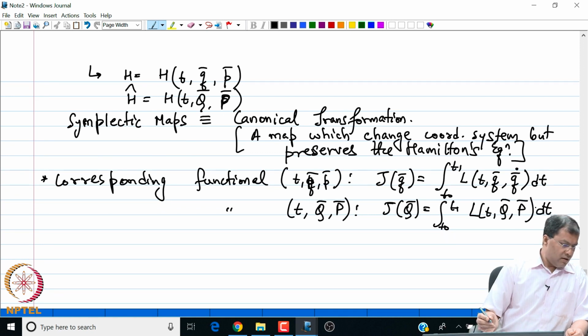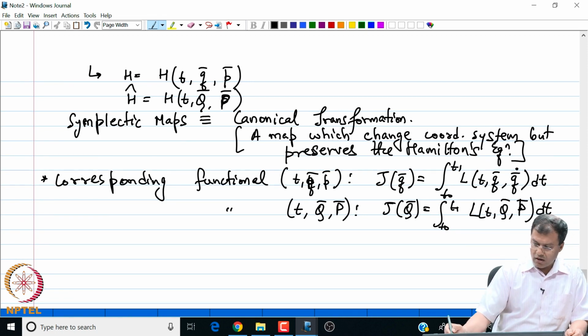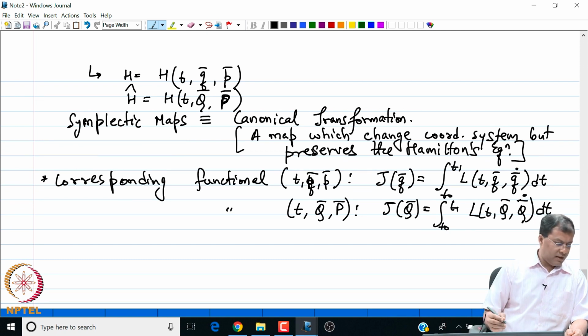Right, we have Q dot here with a capital.